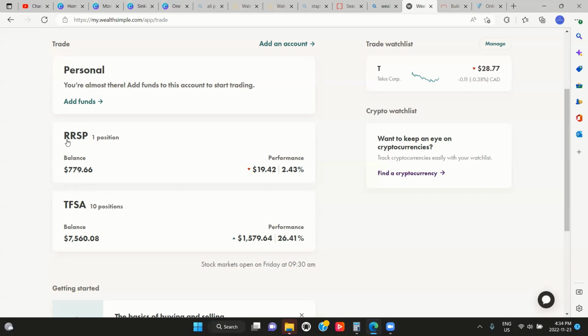And this one here is the RRSP, which stands for Registered Retirement Savings Plan. It's also a tax sheltered account where any money you put into this account is allowed to grow tax-free until you start to withdraw at retirement. It's believed that while you're working and earning income, you're going to be taxed highest as compared to when you retire and you don't have so much income.